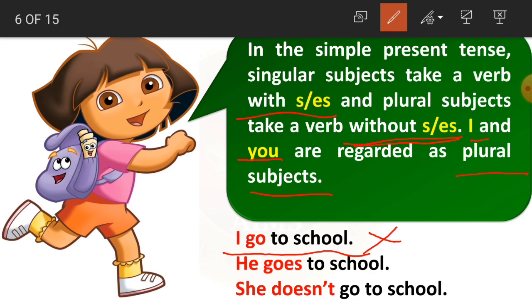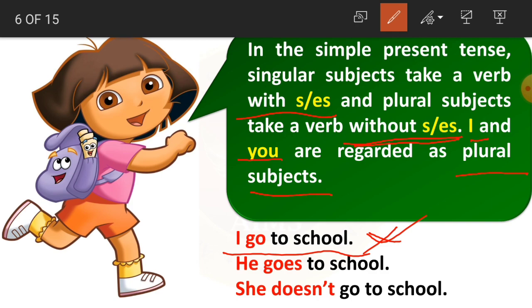It comes under plural form. Go is the verb. And as I is in plural form and the sentence is in simple present tense, go does not have any suffixes. Suffixes are nothing but adding some more letters here, s or es. So I go to school.